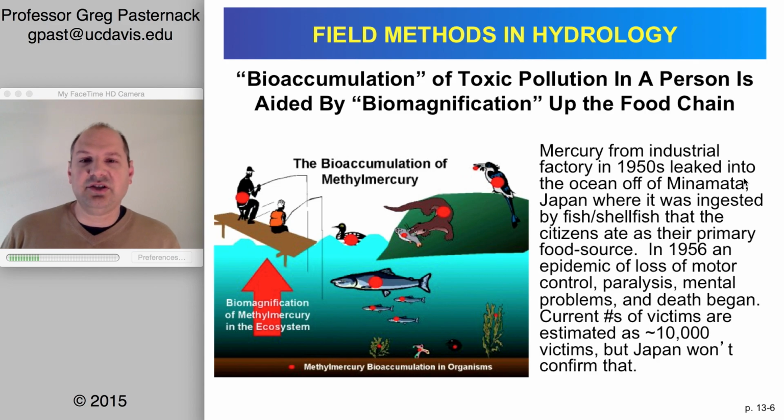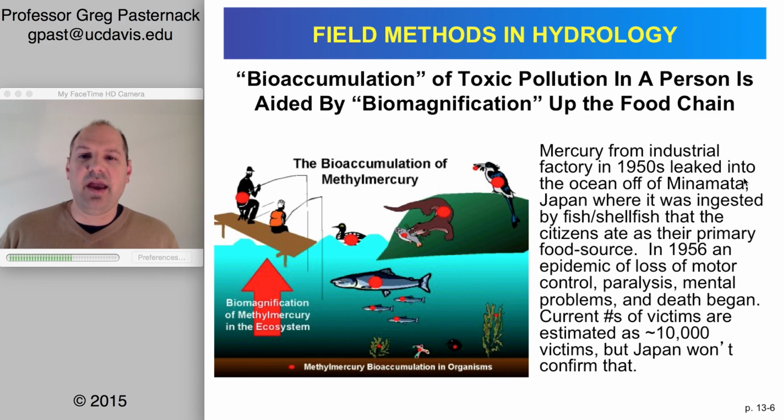It could be stored in fatty tissue, could be in muscle tissue, could be in bones. There are different possibilities there, but whereas other things are cycling through, like that example of nitrogen and phosphorus in a cow where most of it is leaving, a lot of these toxic pollutants are not needed by your body in any beneficial way, or they are needed but in much smaller concentrations than are being stored up. So that's bioaccumulation in an individual organism.